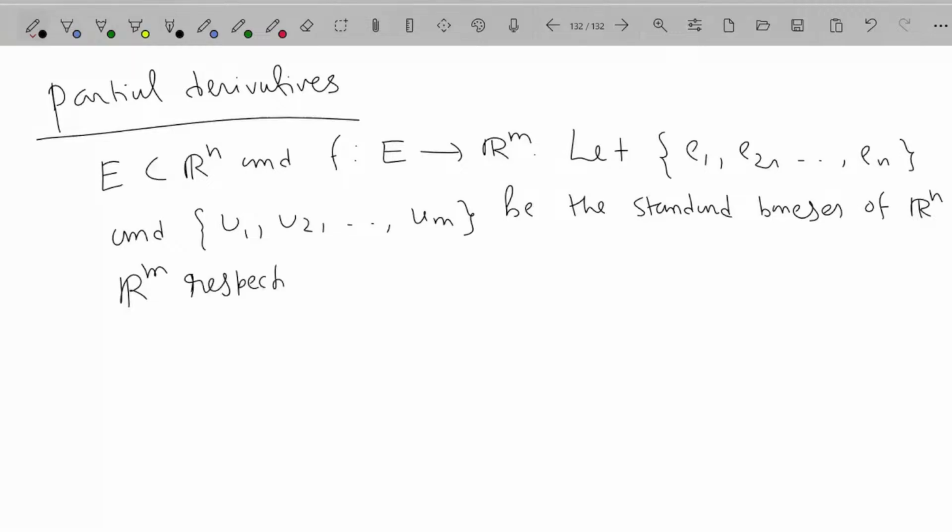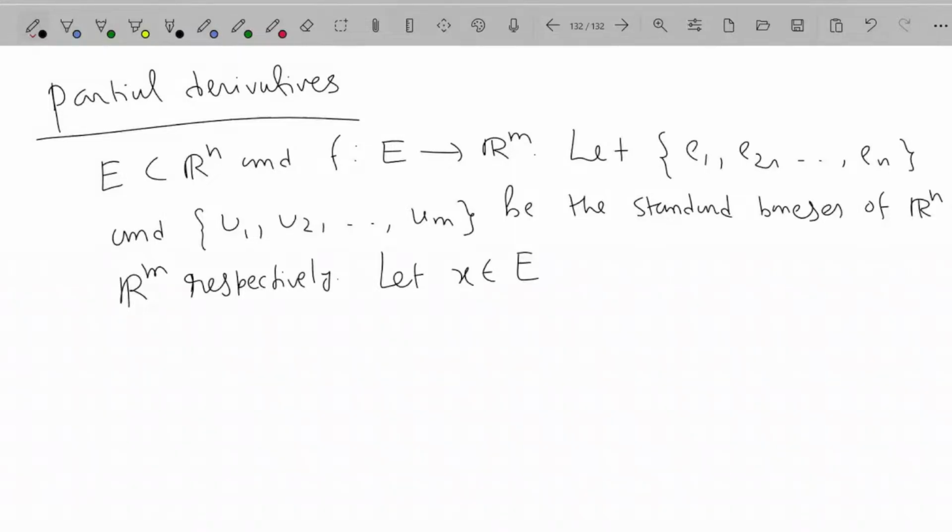Okay. Let's take a point x. Let x belong to E and the function is differentiable at x. In general, if x belongs to E, then f of x will be an element of Rm, and because it's a basis, you can write it as a sum.